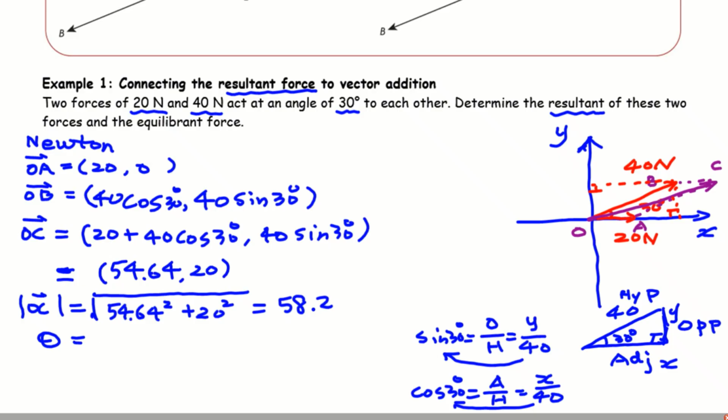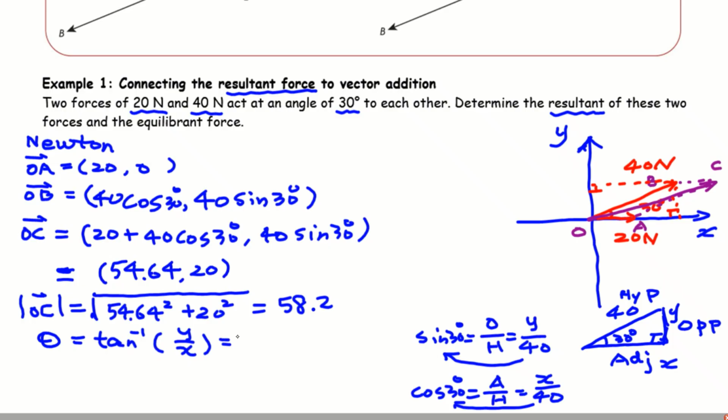And the angle between, so I will rewrite this OC. This is not connected, so this is O and this is C. Okay, so the angle is tangent inverse of y over x, because this is OC, so y over x, opposite over adjacent, gives us this angle.